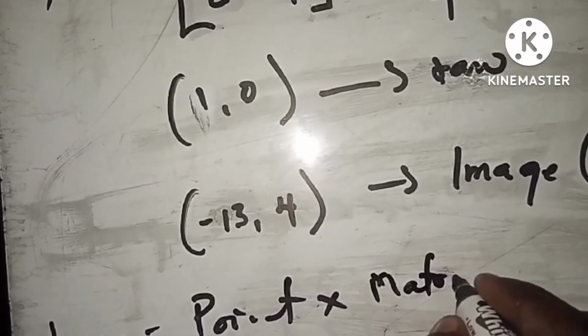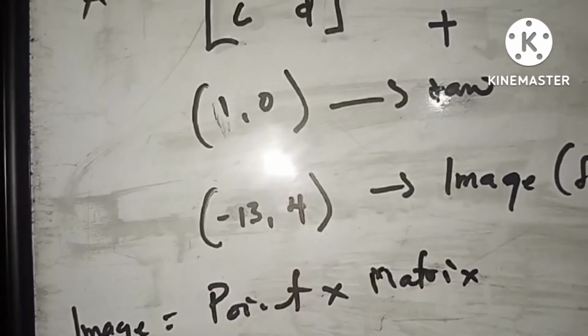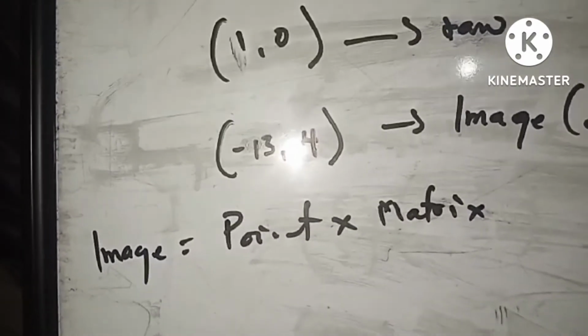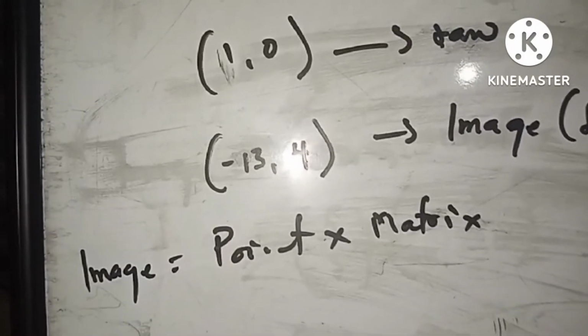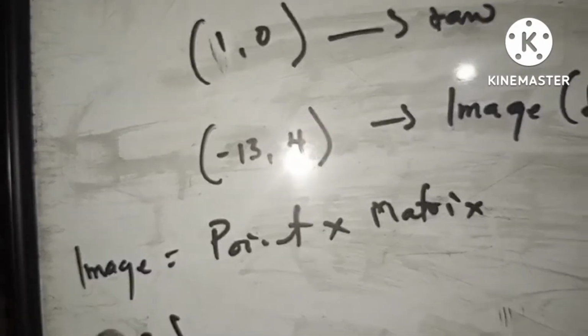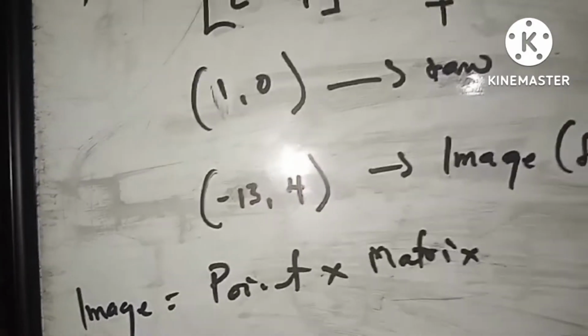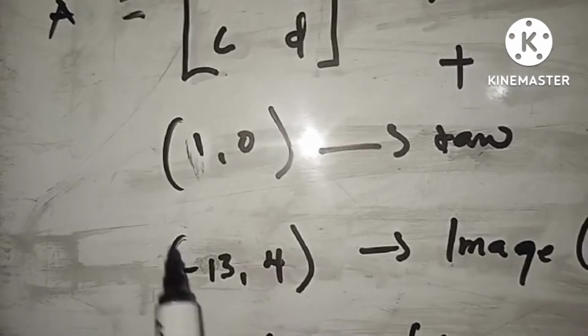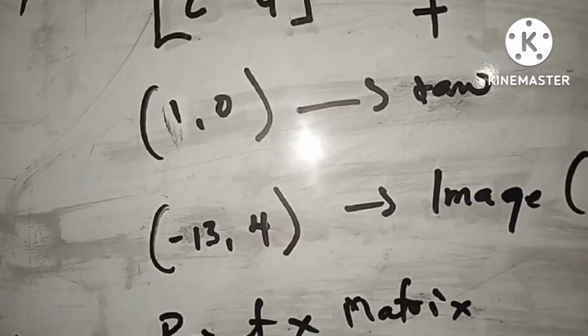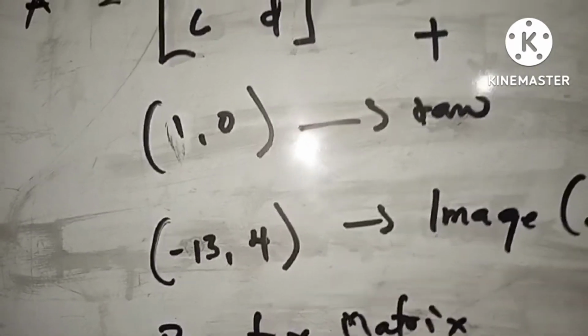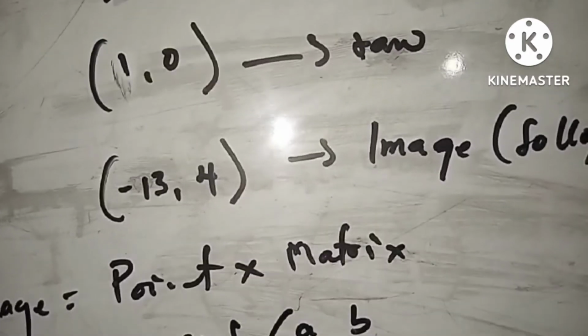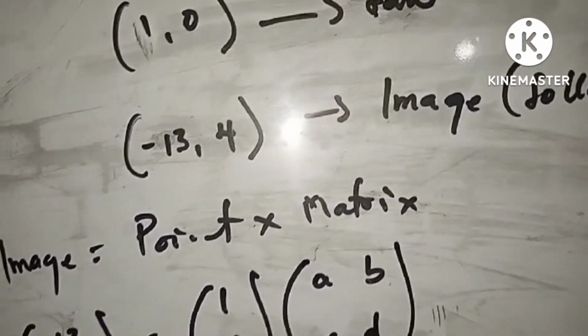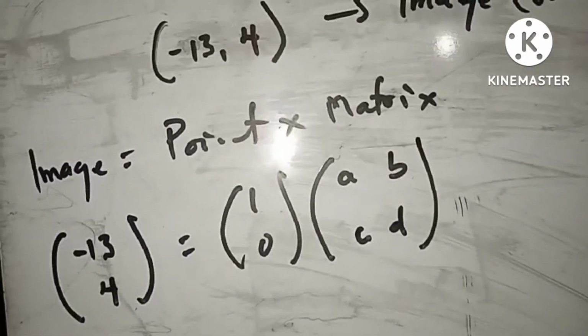You have to change everything into vector form. So the image is negative 13, 4, which is equal to the point, 1, 0, multiplied by the matrix, which is A, B, C, and D. Is that okay? Now let's move on. What are we looking for?